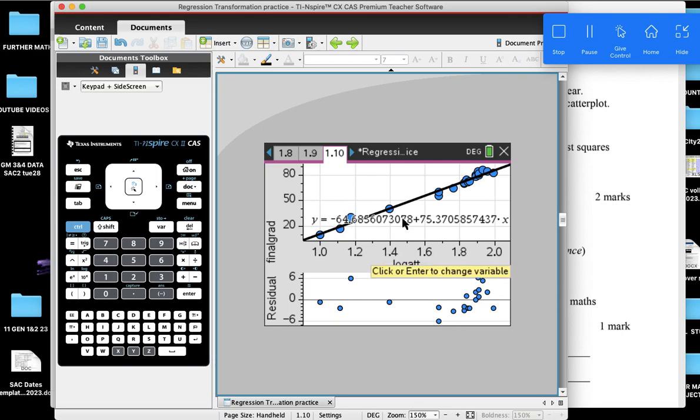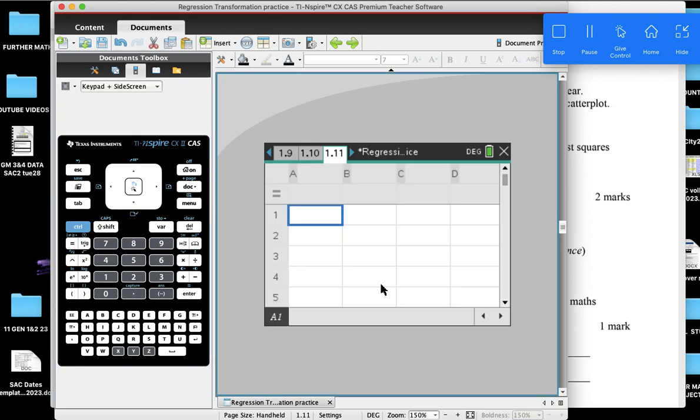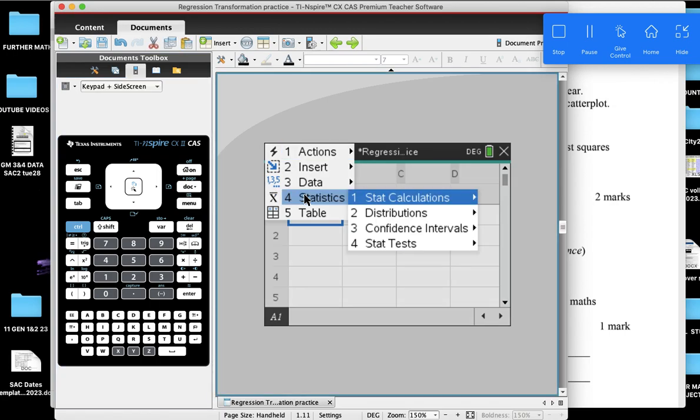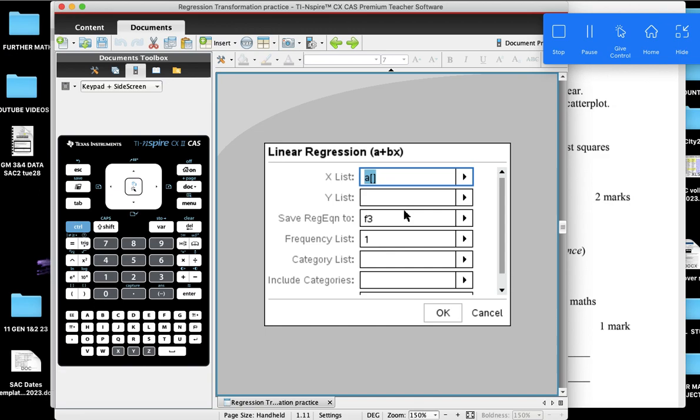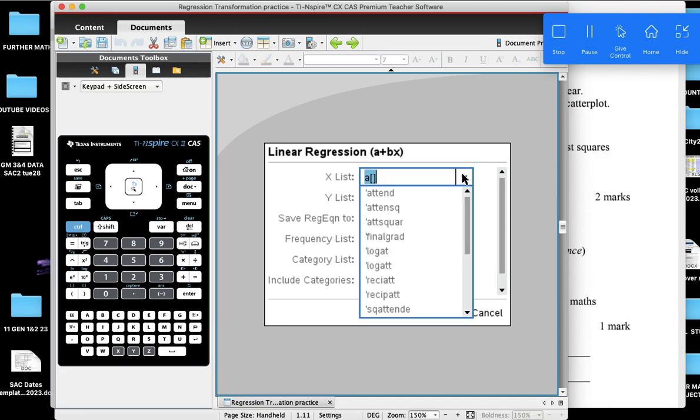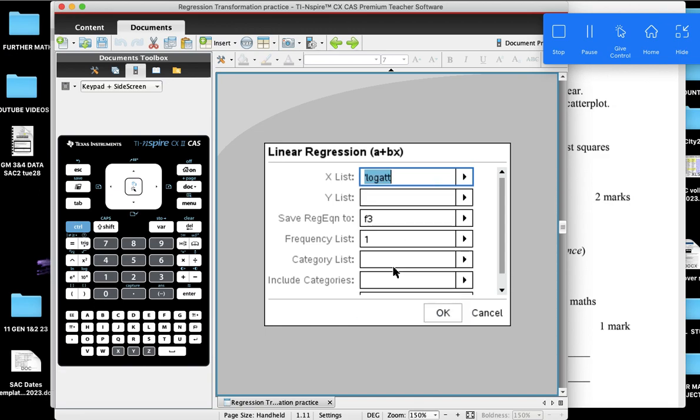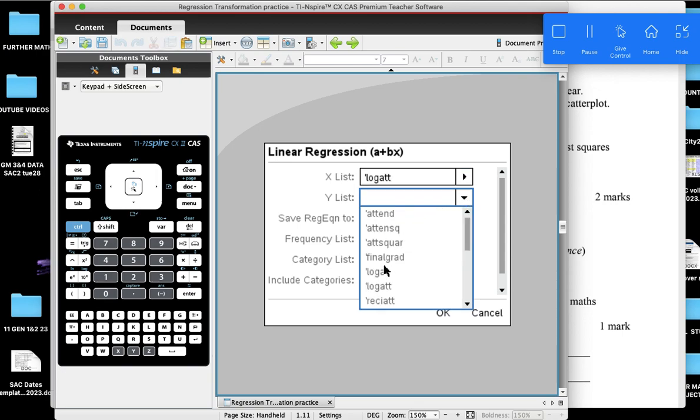Yep. So now we've done that. In the exam, you're asked to get all the equations of the transformations. So when you do that, you still do it the same way. Stat calculations, you go to a plus bx. Say I want the log transformation. I logged the attendance, and then I also just used the y.